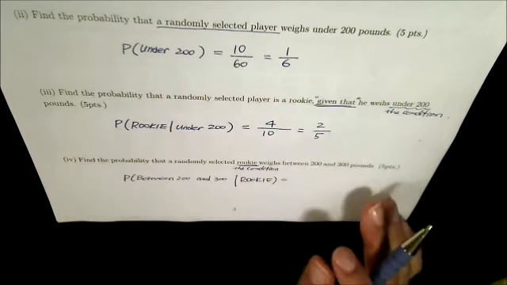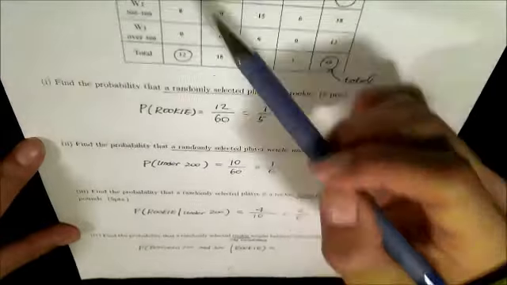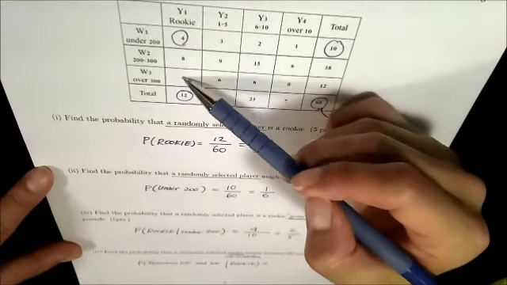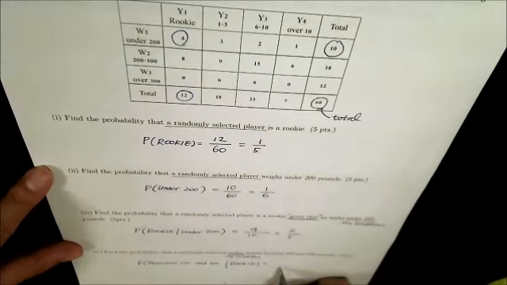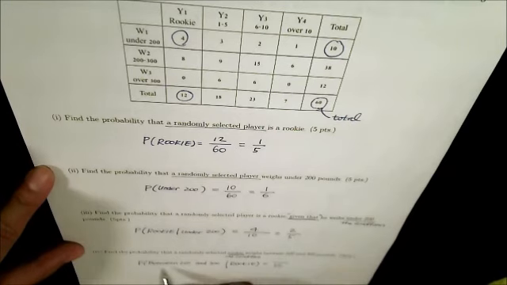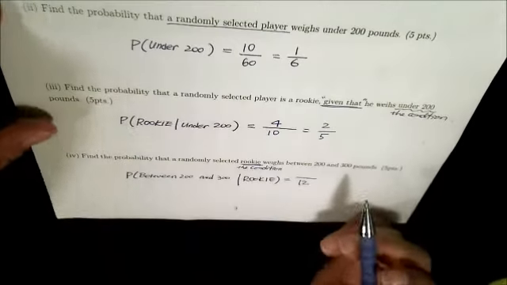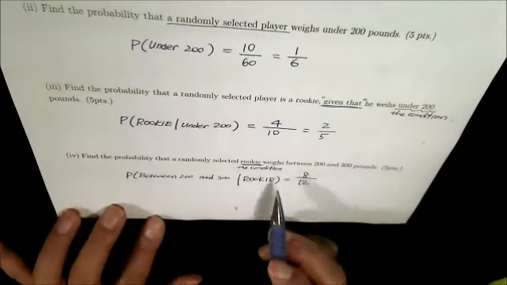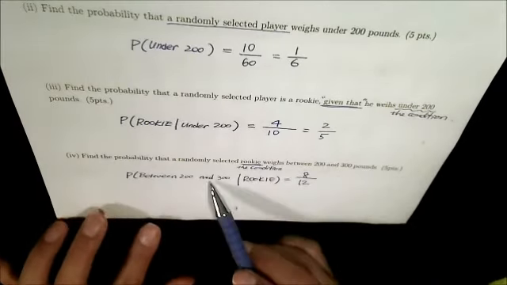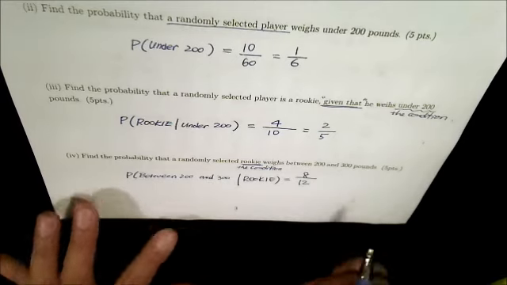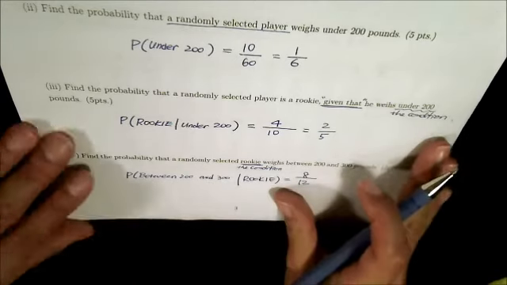Go to the column here. How many rookies do we have? 12. Out of 12, how many people weigh between 200 and 300? 8. So 8 out of 12. This is the end of problem number 4.